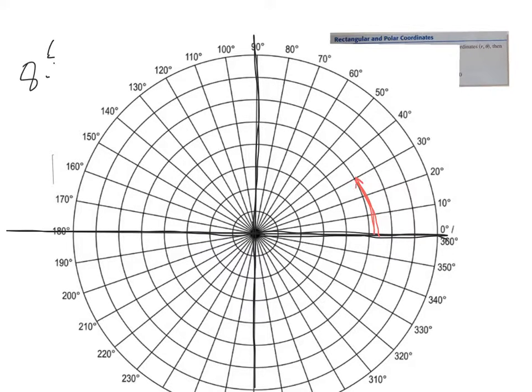So you go up 30, and then whatever the length of this is, so let's say it's right there, that is your r, your radius, your hypotenuse, whatever.